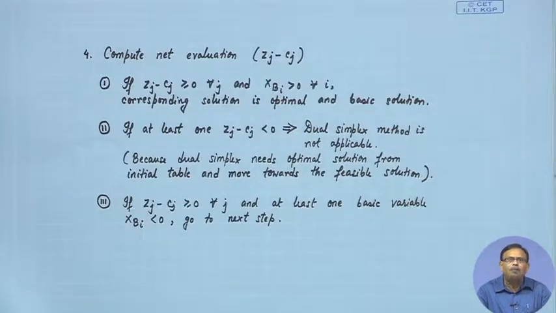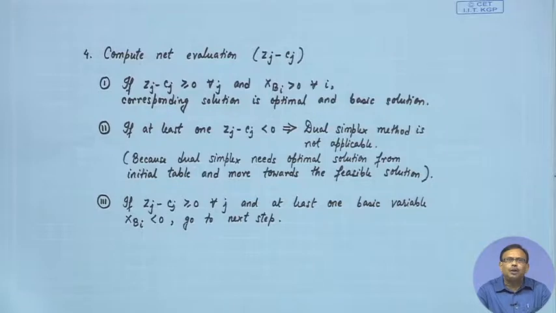This is the optimal solution. So, if z_j minus c_j is greater than or equal to 0 and x_Bi is greater than or equal to 0, in that case whatever solution you have obtained is the optimal solution, and it has satisfied the feasibility condition.